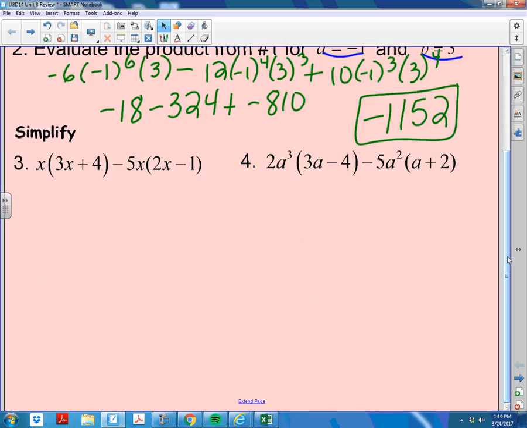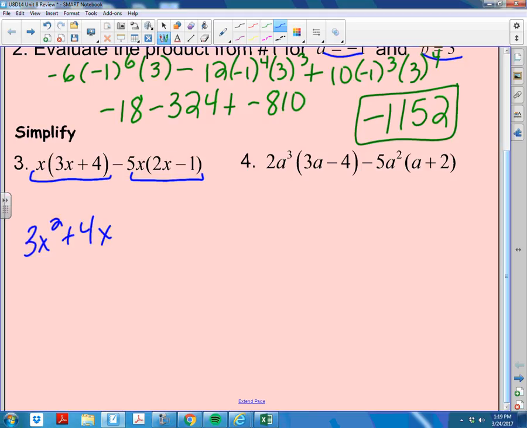Number 3 says to simplify. So basically, we need to go one piece at a time. It is going to be this minus this. So we end up with 3x squared plus 4x. Now, when this was a quadratic, I told you to do it first and then to distribute your subtraction sign. This is not a quadratic. This is just distribution.